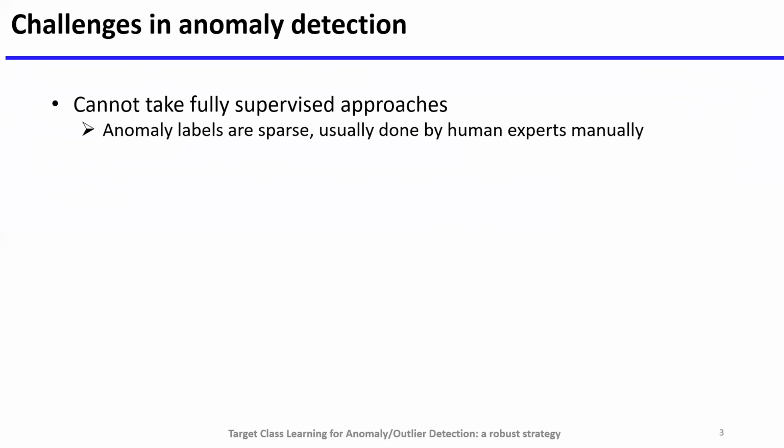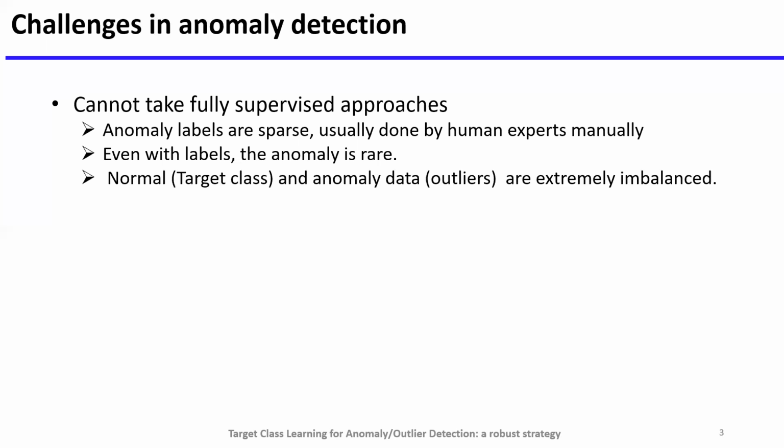It is also possible that the anomaly labels are sparse, because usually labeling is done by human experts. Even if it is labeled, suppose you want to work in the supervised domain, the anomaly is rare. And surely the number of samples belonging to the target class and the number belonging to the anomaly or other class are highly imbalanced.